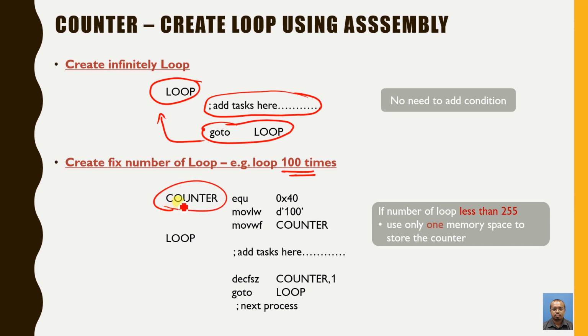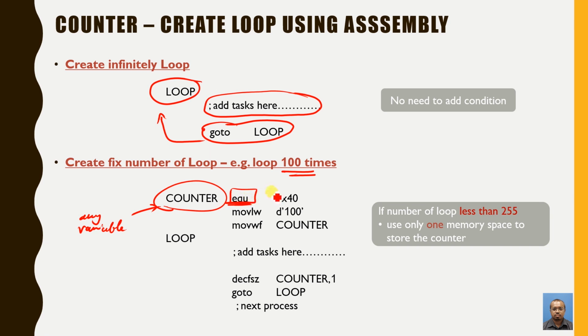This is just counter EQU 0x40. Counter here is just any variable you want to use. EQU is not an instruction, but it's for the assembler to translate as some sort of definition.